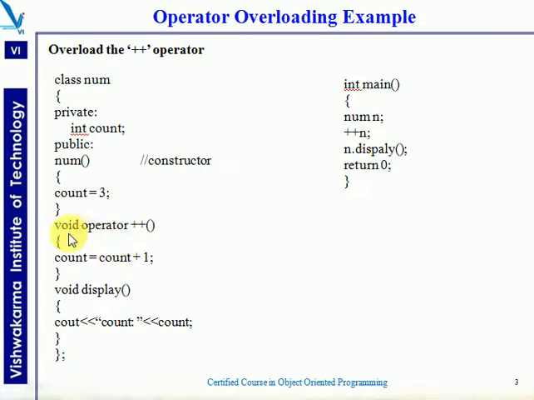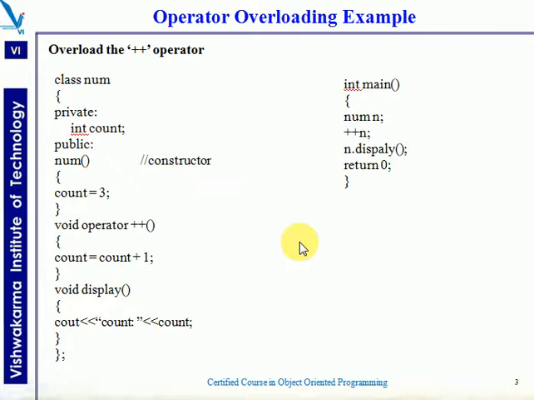The compiler can easily distinguish between the expression plus plus n and an expression, for example plus plus i, where i might be an integer variable. It can make this distinction by looking at the data type of the operands.